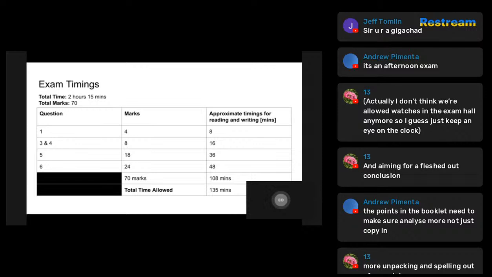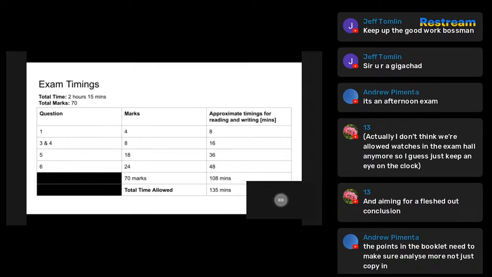So that gives you more time to come back and read your answers, and make sure that you've answered the question, particularly the 18 markers and 24 markers. You can go back and look at those paragraphs and go, right, fine, does that make sense what I just wrote? I need to change something, or I need to add something to that paragraph. Make sure that you do that in the exam, because it will really make a difference.